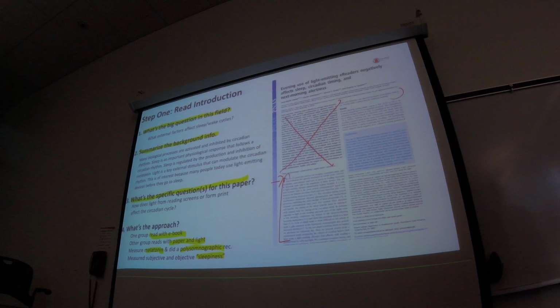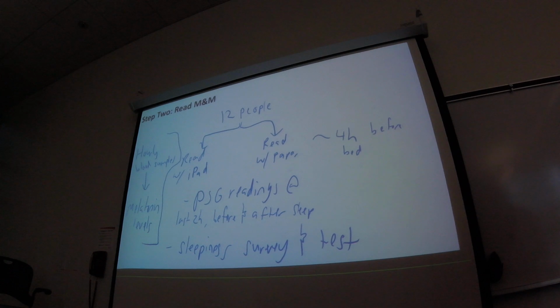That's great. So you already have an idea about what's going on and how they're going to do it. Then you should read the methods section, and as you do it, you want to diagram out the methods and materials. I kind of just did that right here. I said 12 people are going to be split into two groups.